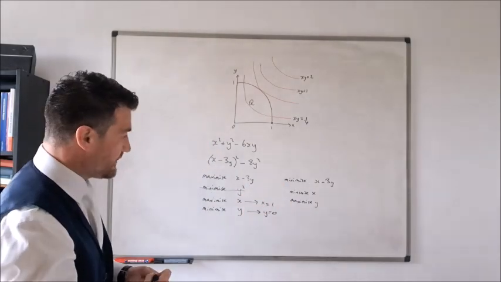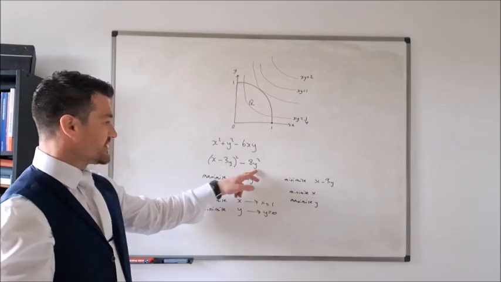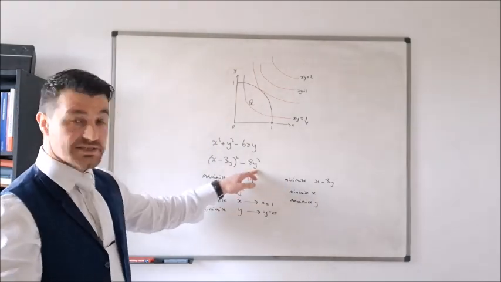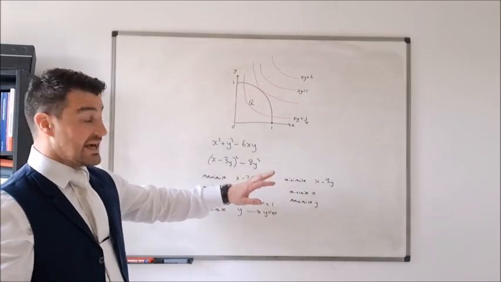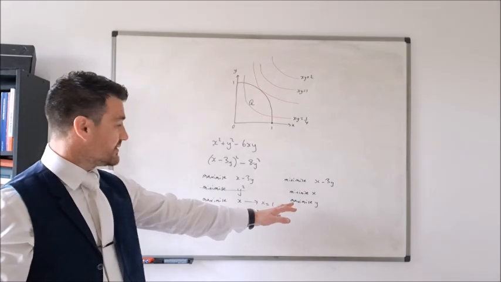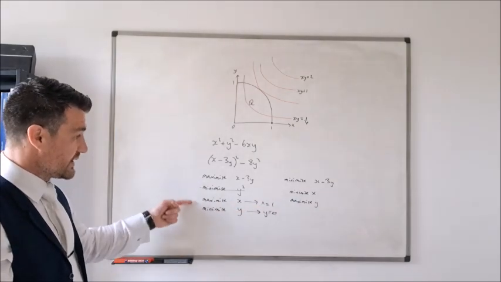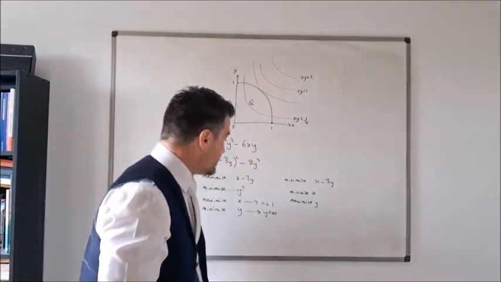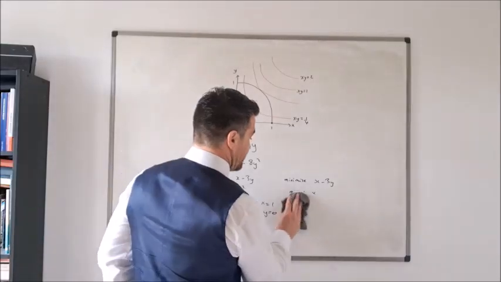The reason that I didn't go for this is because to maximize y would also be maximizing this, which actually turns out to work in this case. It's just I prefer to view it in this way. Okay, so we'll get rid of that.